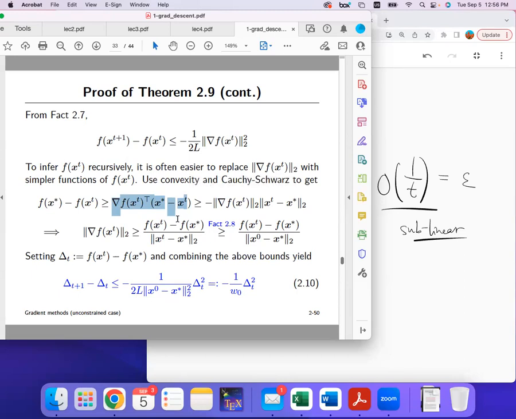The inner product between two vectors is bigger than or equal to the negative of the product of the norms of these two vectors. Now, solving this inequality for the gradient term, we can get this result.